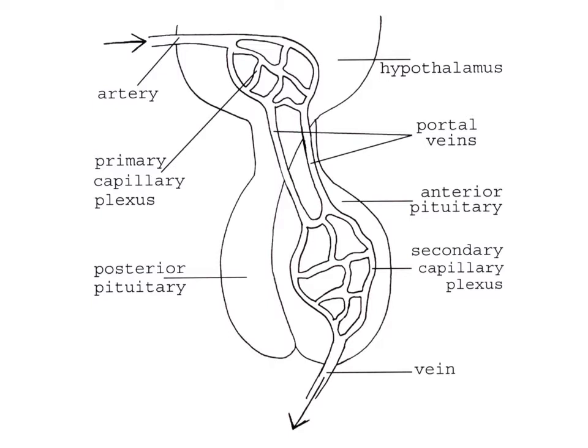So the neurohormones produced by the hypothalamus are also called releasing hormones, as their function is usually to stimulate the release of the trophic hormones. Now, these hypothalamic releasing hormones are produced in very small amounts.